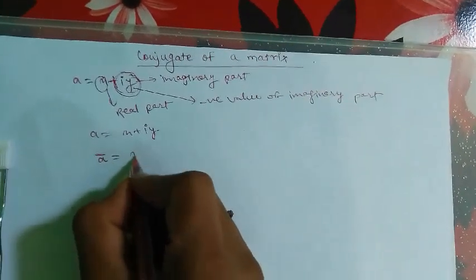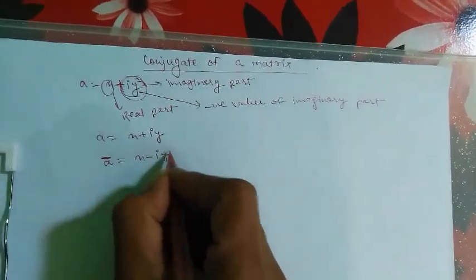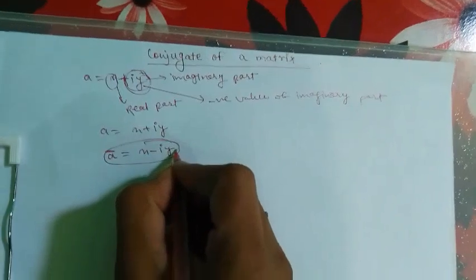So a bar is equal to x minus iy, and this is called the conjugate.